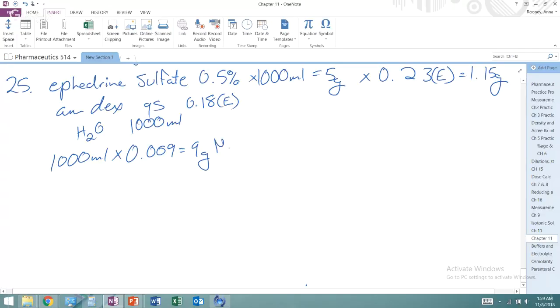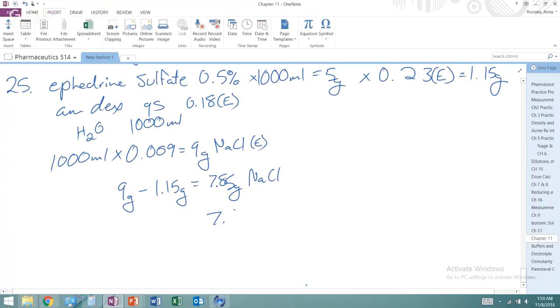So that is our sodium chloride equivalent that we would need total in this solution. And so we take our 9 grams of sodium chloride equivalent and take it away from our ephedrine sulfate equivalent, which we would find is 7.85 grams that we would need of sodium chloride equivalent, but we don't need sodium chloride, we need dextrose.